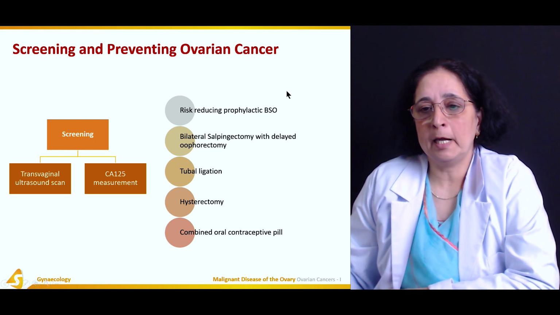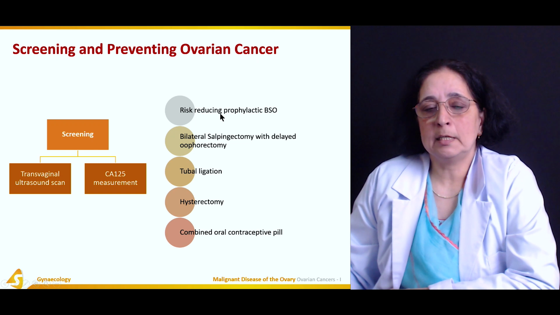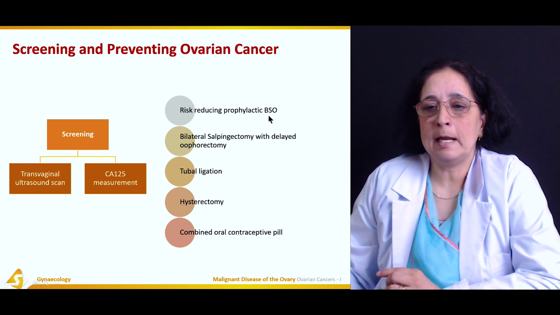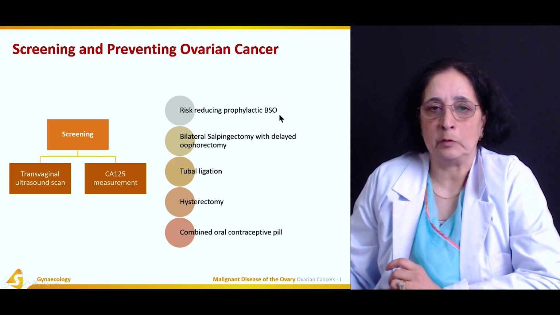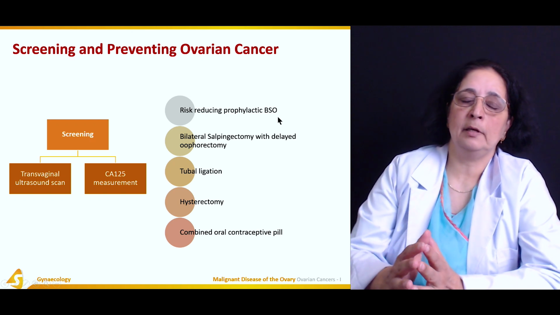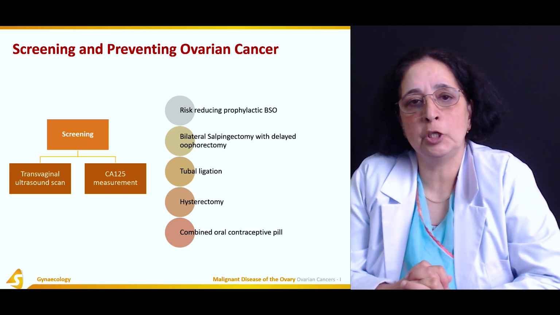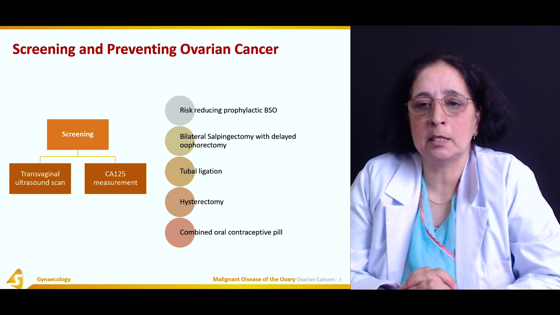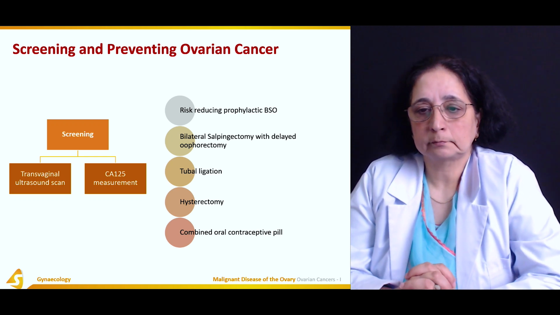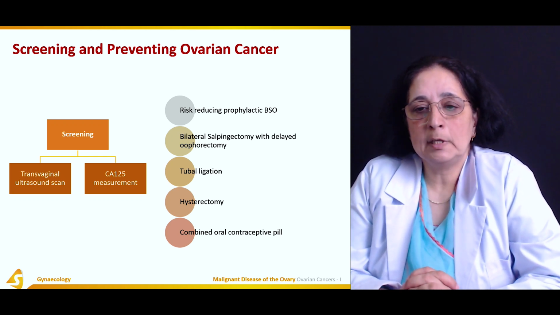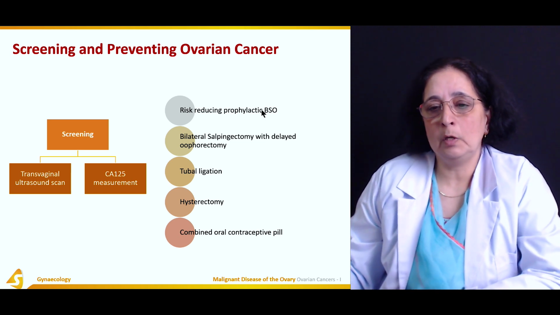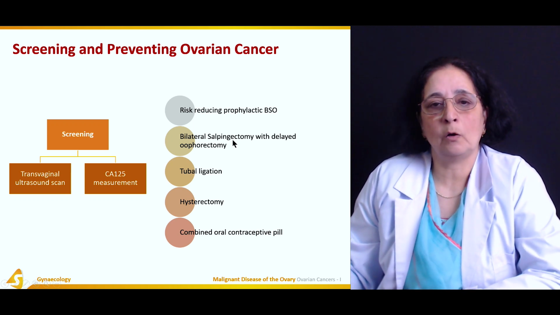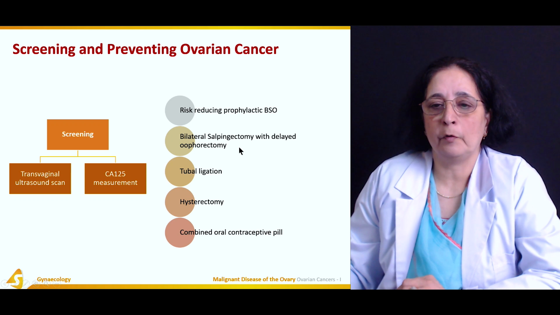So how can we prevent it? The risk is reduced by prophylactic BSO, which is bilateral salpingo-oophorectomy. Prophylactically, if there is removal of both fallopian tubes and ovaries, this can prevent or decrease the chances of ovarian cancer. Then bilateral salpingectomy, which is only the removal of the fallopian tubes, with the ovaries removed later by delayed oophorectomy.